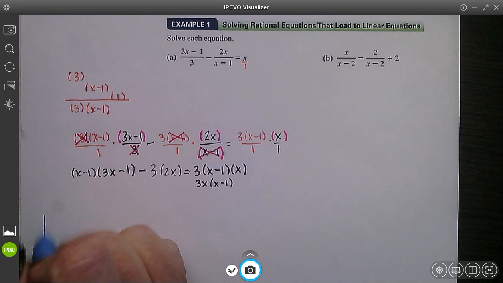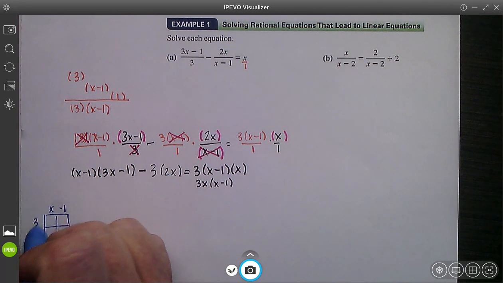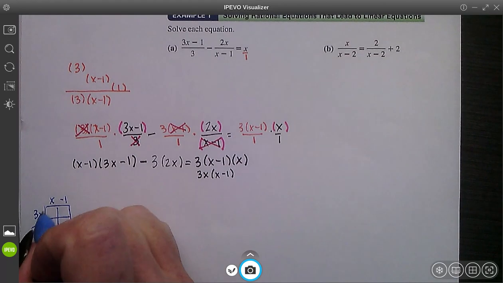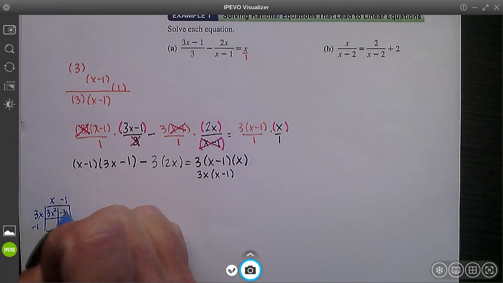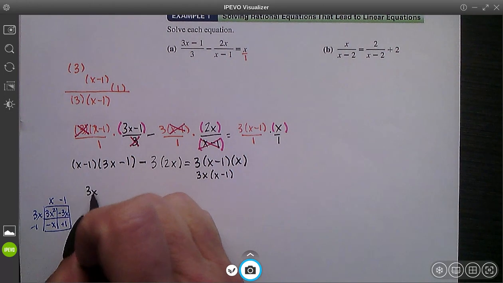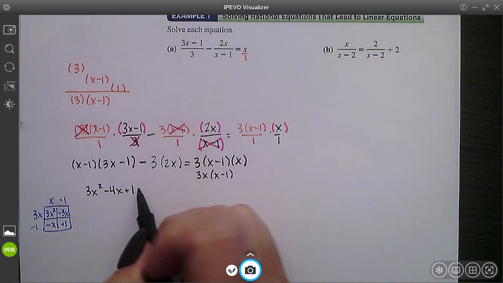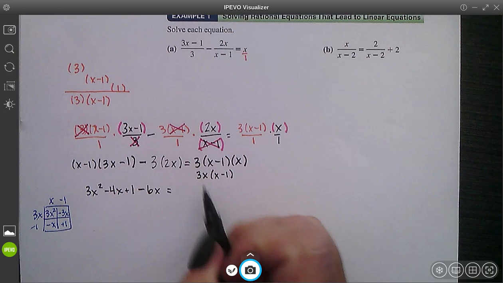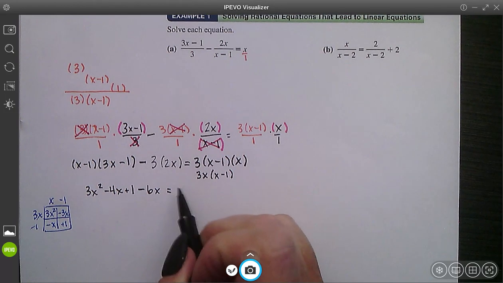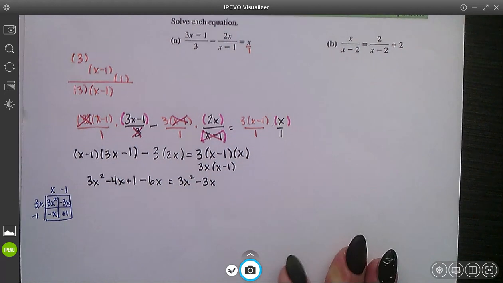If I box multiply x minus 1 times 3x minus 1 off to the side, I'll have 3x squared minus 4x plus 1. So I've got 3x squared minus 4x plus 1, negative 3 times 2x, minus 6x, and then distribute that 3x, so I get 3x squared minus 3x.